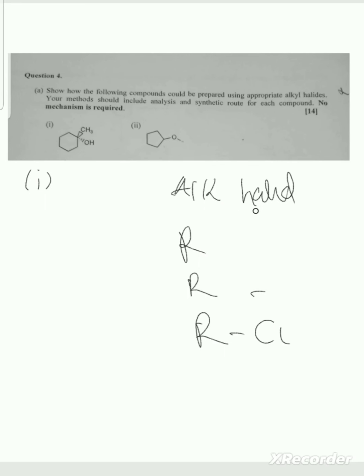So now how can we use these and come up with this alcohol? As you can see, this is a tertiary alcohol. We can use an SN1 reaction mechanism for this.